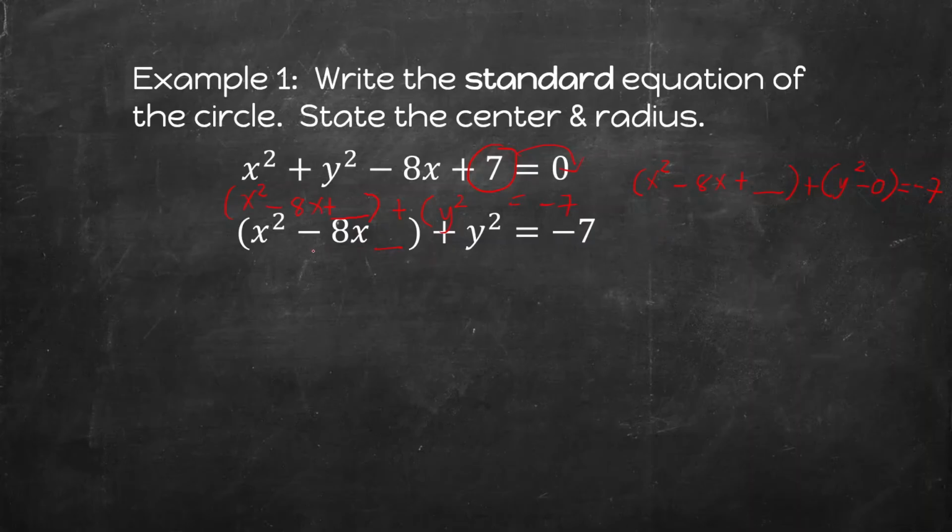Sabi natin sa perfect square trinomial, para mahanap natin tong isa na to, automatic kasi plus yan eh. Okay, para mahanap natin yung missing na yan, i-divide natin yung 8 sa 2. And then, i-square natin yung sagot. So, 8 divided by 2 is 4. And then, 4 squared is equal to 16. So, ang missing natin dito ay 16.